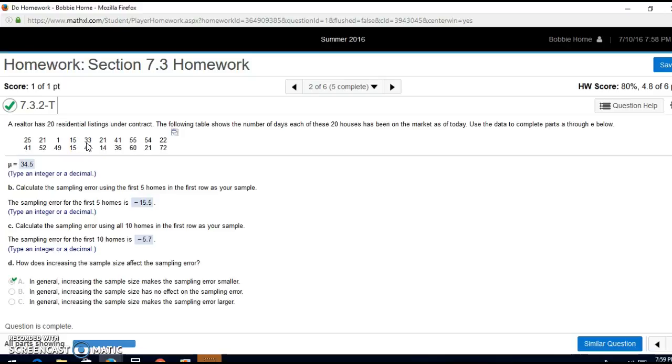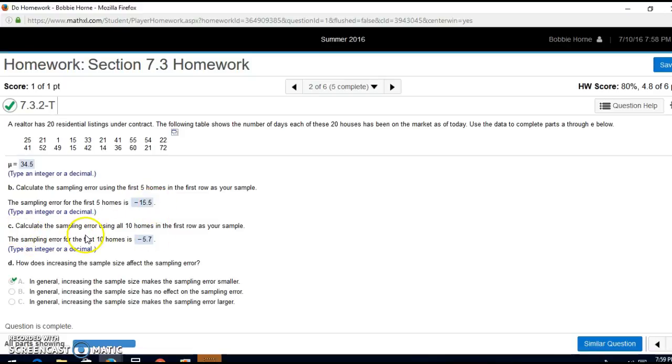So you're going to take 95 and divide it by 5, and you're going to get 19. So the sample mean is 19. Take the sample mean, subtract the population mean, 19 minus 34.5, and that is how you get the sampling error.